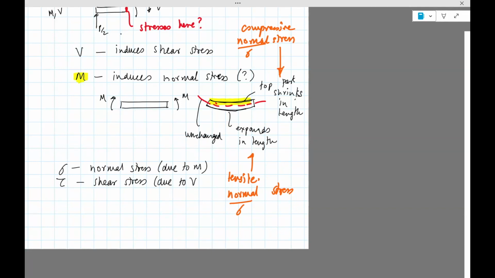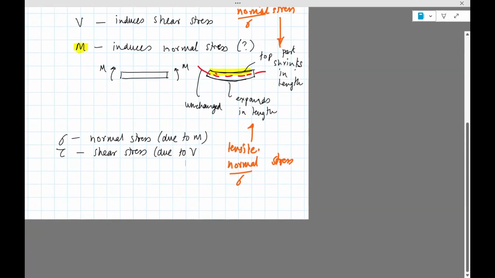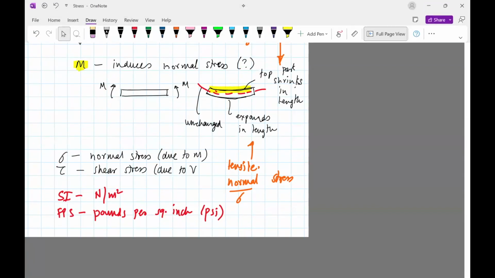It's force per unit area. So in SI units, this would be Newton per meter squared. The other unit we'll commonly use is FPS, pounds per square inch, PSI, same units.